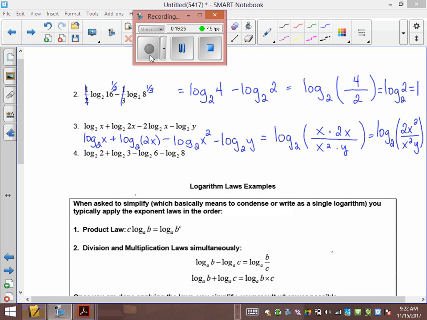What could we do? So you're going to get log 2 over y. Most people will stop here. What could we do? That's a good answer, but they could keep going. What could they do?